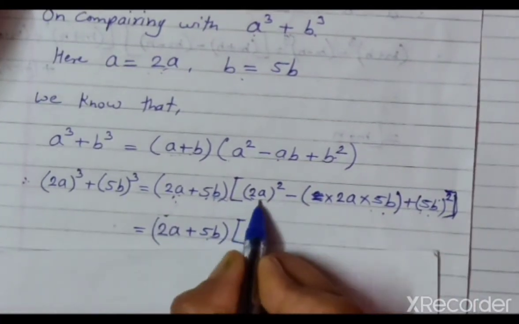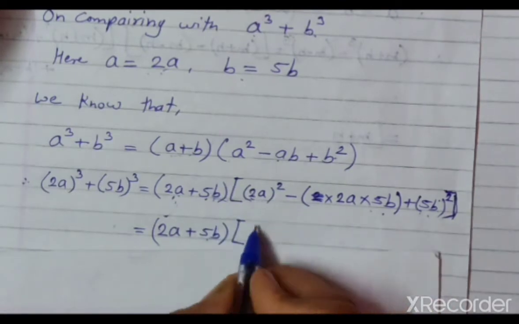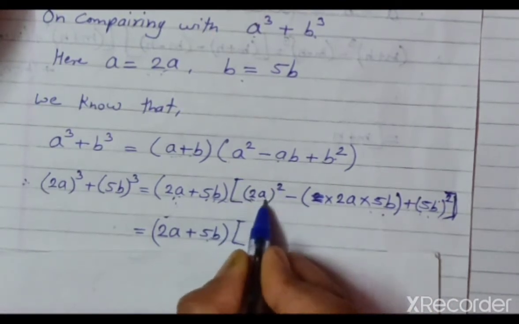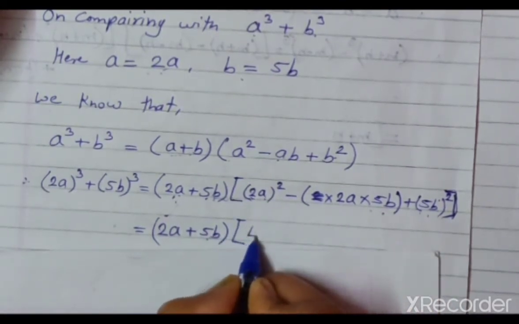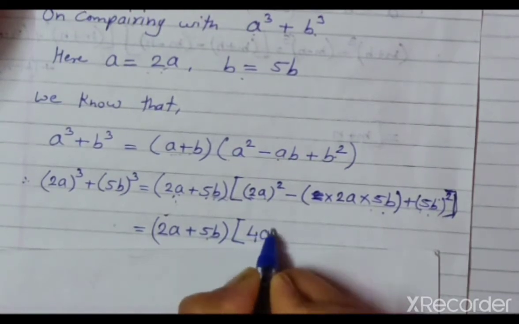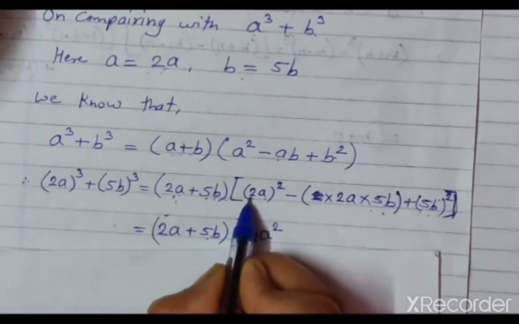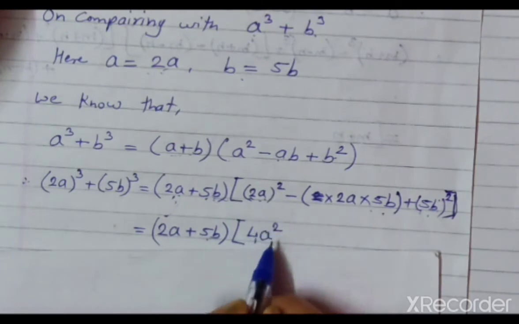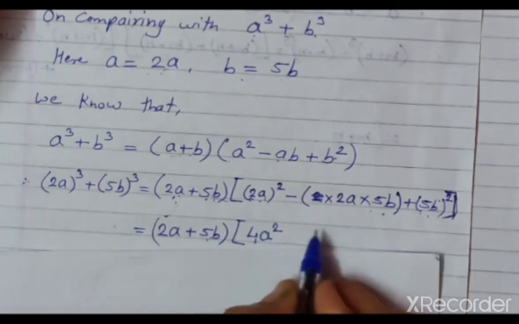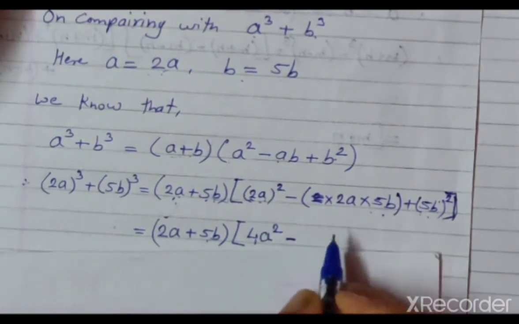Now let's solve the second, the square bracket. Square of 2a is equal to 4a square, because square of 2 is 4 and a square remains a square. Next is the minus symbol.